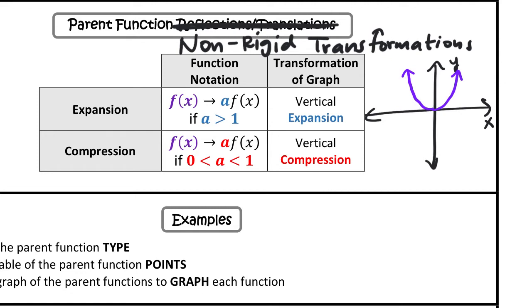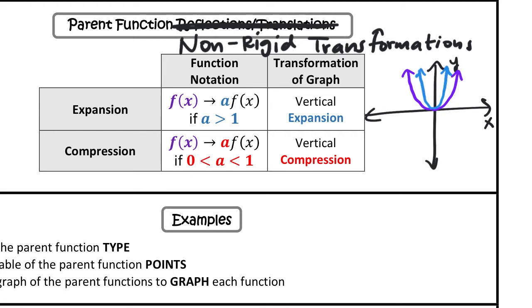This is my parent function. And if I have an expansion, I'm going to do an expansion in blue. What it's going to do to the parent function is squeeze it a little bit closer because we're pulling this parent function up vertically. If you pull it up vertically, it's going to bring the U more closed. So this blue one is an expansion, and that happens when there's a number that's greater than 1. I'll show you in the examples when we go over it.